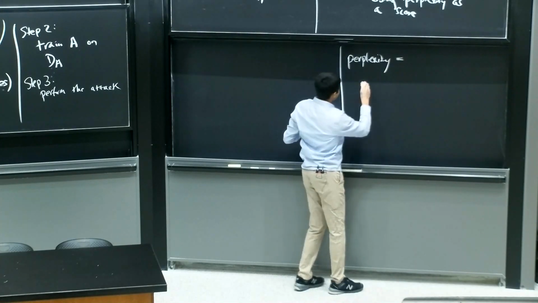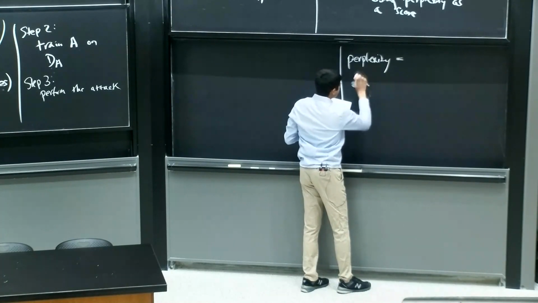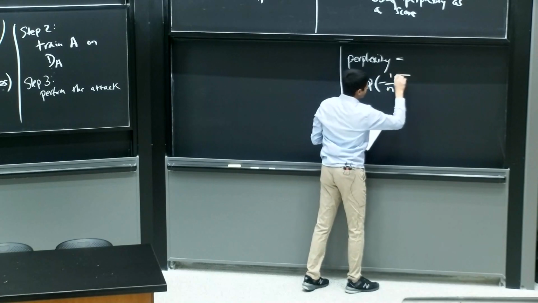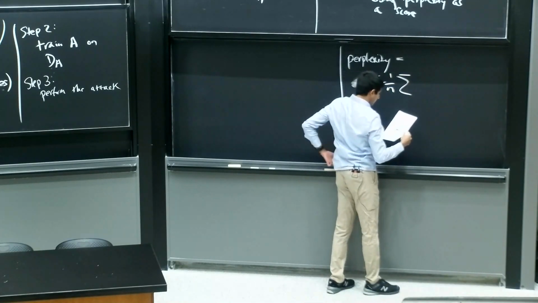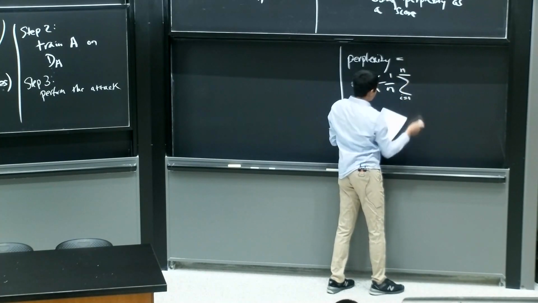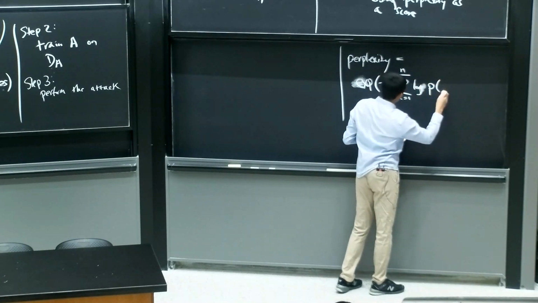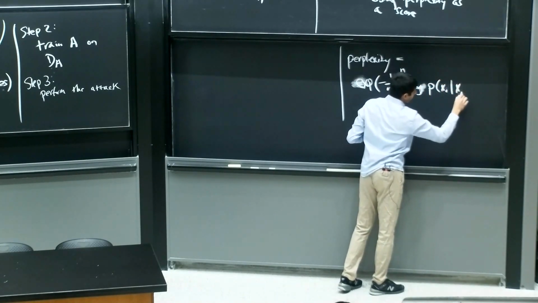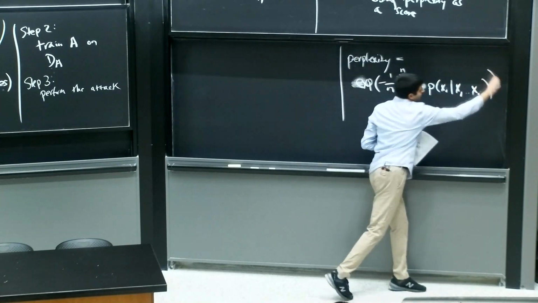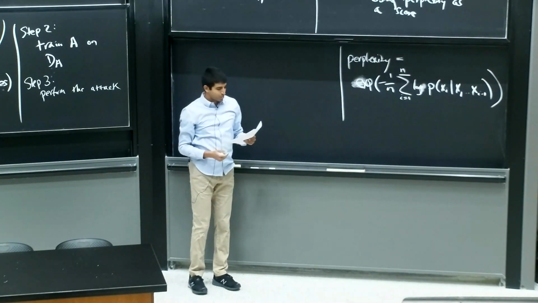And what we can do is compute this quantity here. Basically, we're going to look at all these different probabilities and sum them up: log p of x_i given x_1 through x_{i-1}. And that's pretty much it.